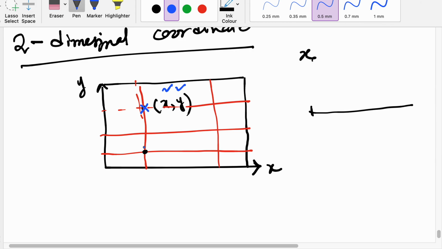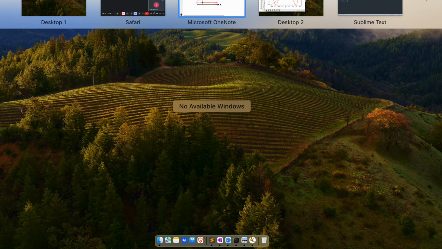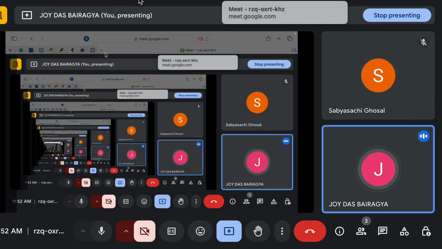If x comes back but y does not, we will get some point on this line, and when y also comes back, we will get exactly this point. So this is important to understand quasi-periodicity. Is it clear, Subhasaji?